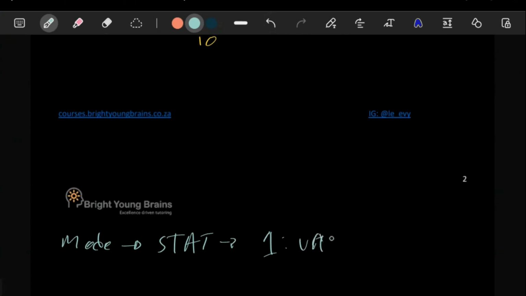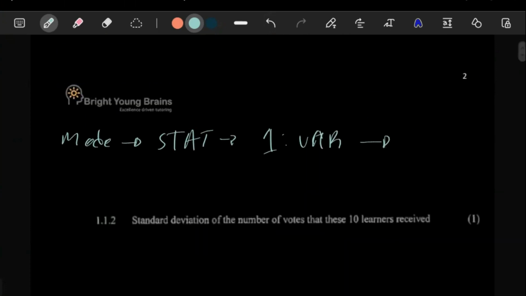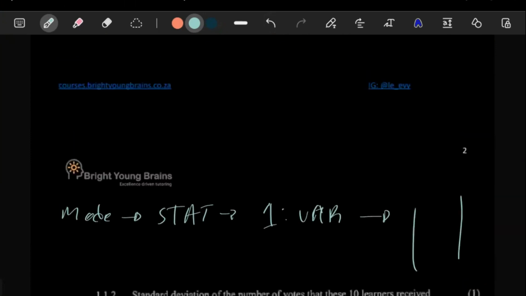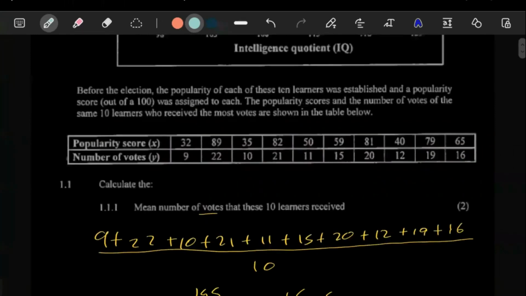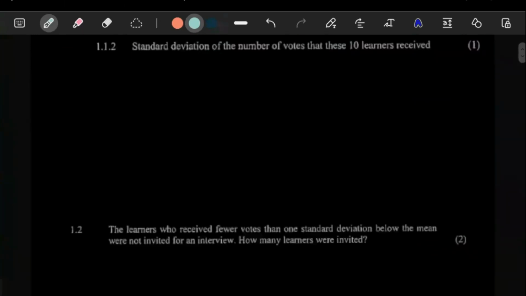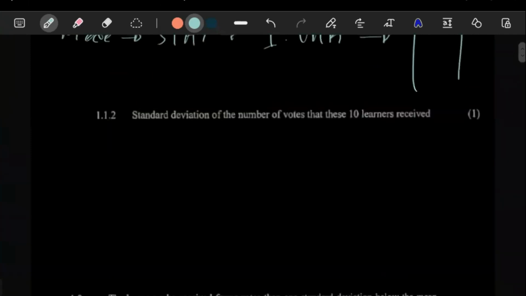And then we're going to get a table where we need to insert the data. But in this situation, you may be thinking to yourself, since there are 2 sets of data, why don't we just put 2 sets of data in the calculator? But let's see the rest of the questions.